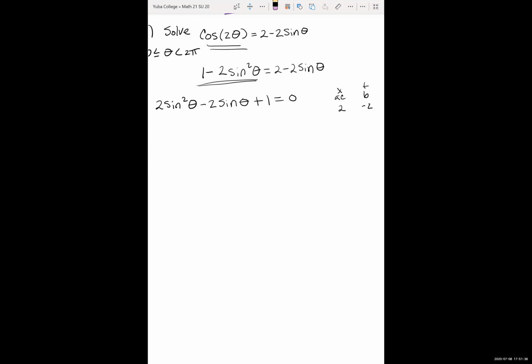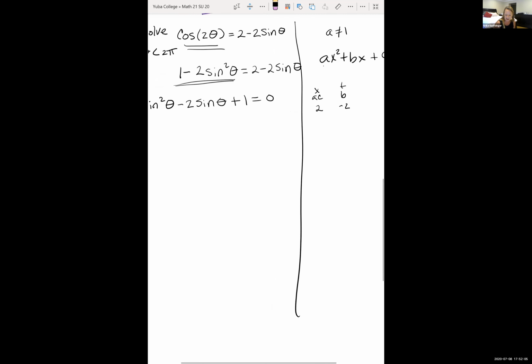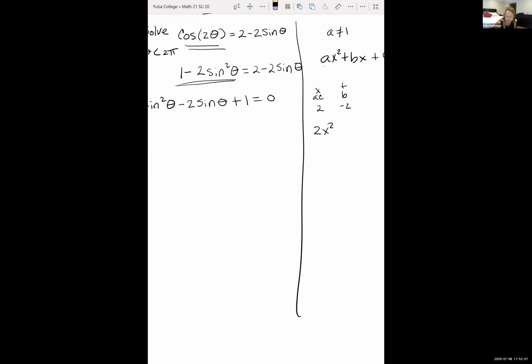What does AC stand for? Basically, I'm going back to factoring when A doesn't equal 1. If A doesn't equal 1, there's a trick where you multiply the coefficient in front by C. In our case, if I look at this as 2x squared minus 2x plus 1, my A value is 2.